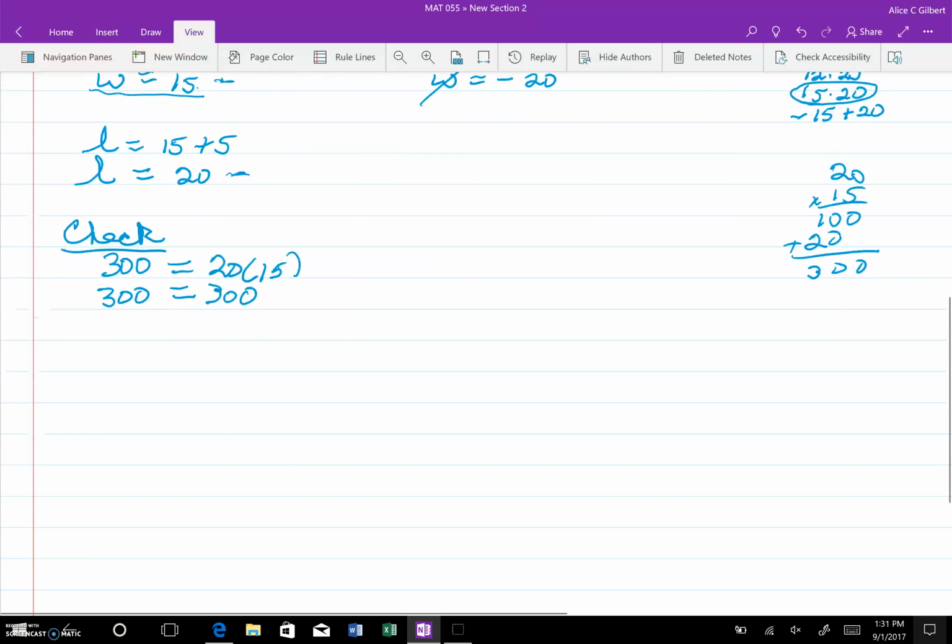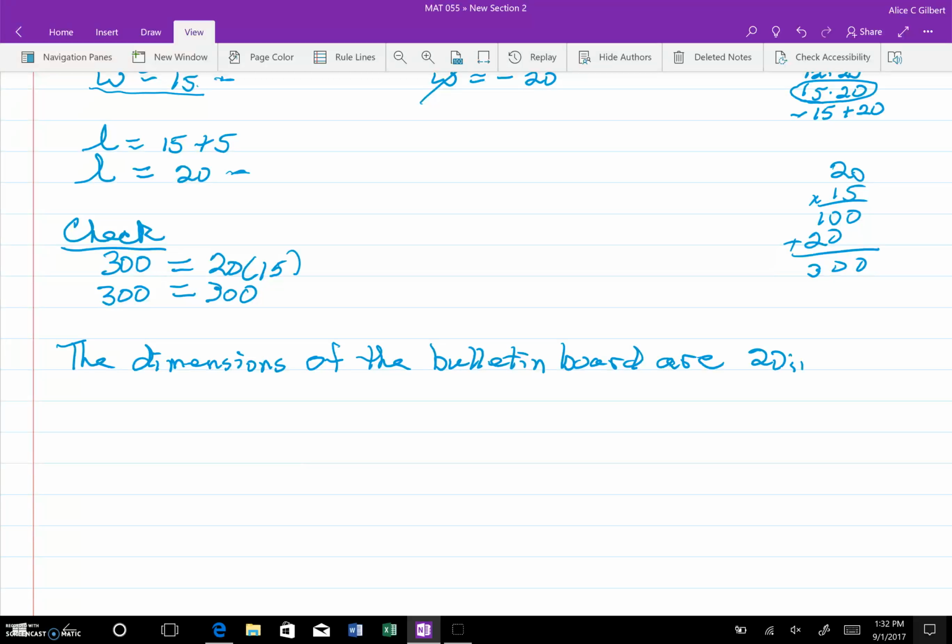And now I can write my answer, which can either be the dimensions, which again means both length and width. So the dimensions of the bulletin board are, because there's two dimensions, 20, and now I need to get my measurement, in this case it was inches, by, and when we say dimensions, we usually say by or put an x.